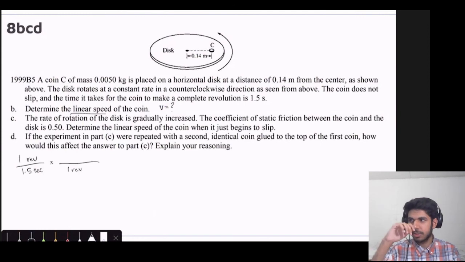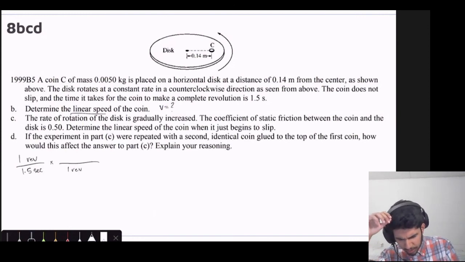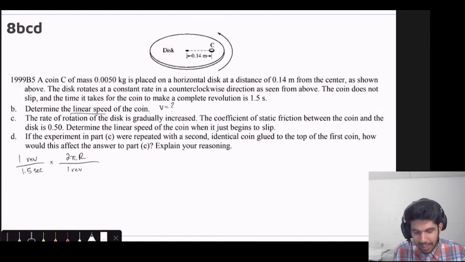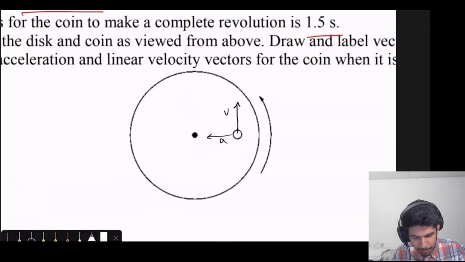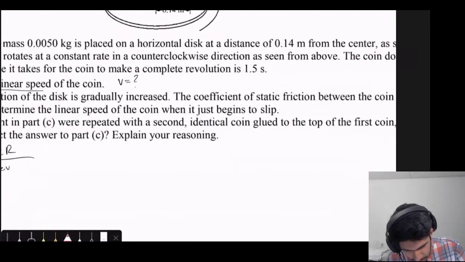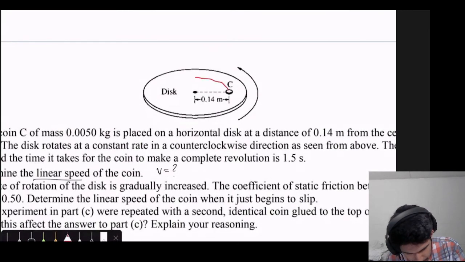How much is 1 revolution? Well, that is just 2 pi r. But what is r in this case? Well, it is the distance from the center to the edge of the circle. And in this case, the edge of the circle is the circle traced out by the coin. So I guess I have to draw it on this diagram.